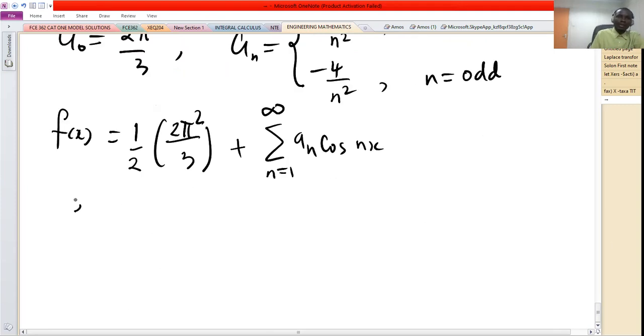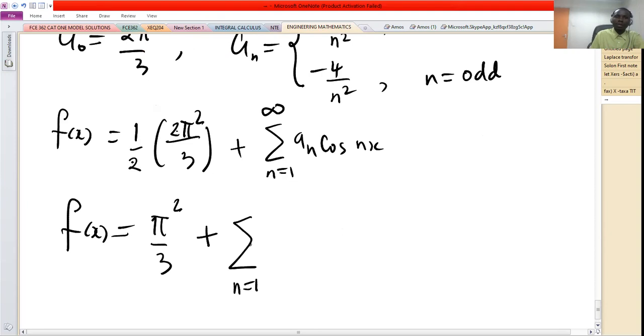So clearly you can see that in f of x the 2 and 2 cancel out, so that we have pi squared over 3 plus summation n from 1 to infinity an cosine of nx.